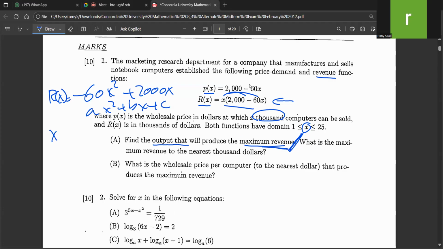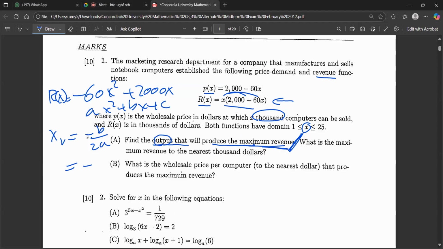So we need to find x vertex. Why? Because he needs to know the output, which is the number of computers that will produce maximum revenue. X vertex is negative b over 2a, which is negative 2000 over 2 times negative 60.